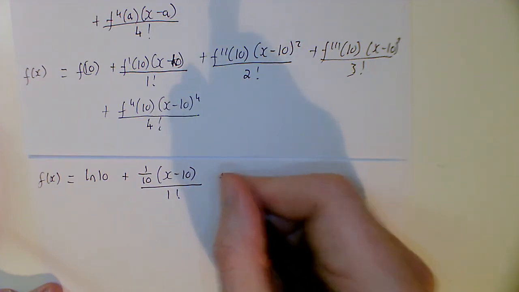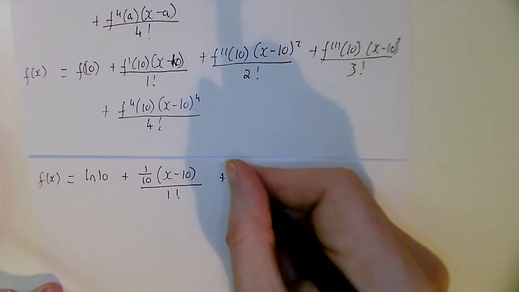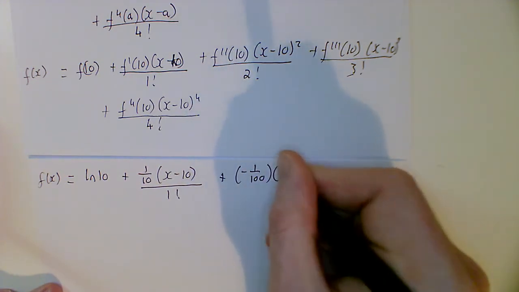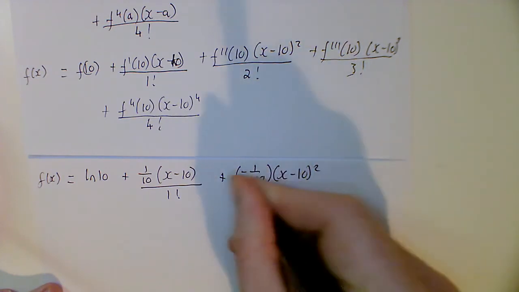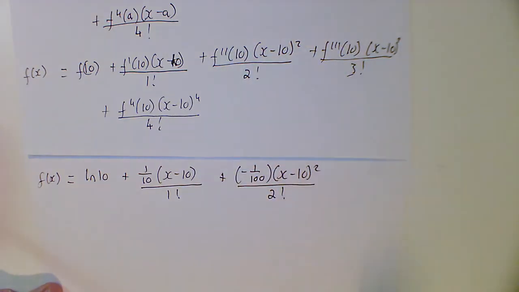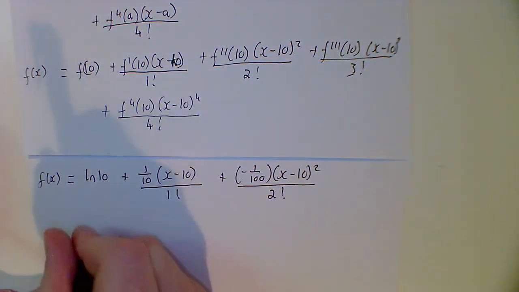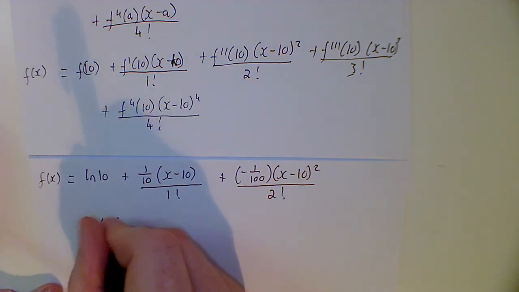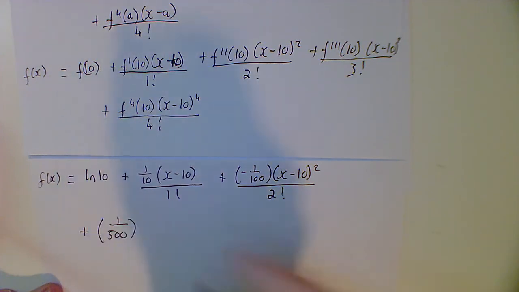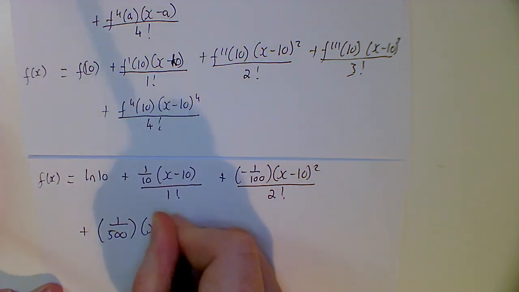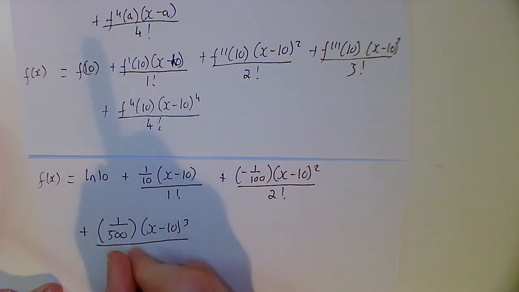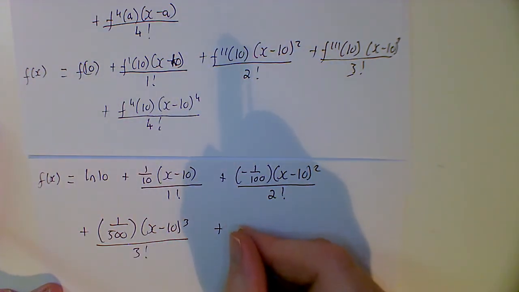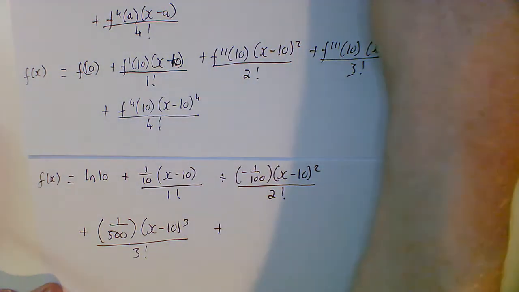Right, plus negative 1 over 100, x take away 10 squared over 2 factorial, plus 1 over 500, x take away 10 cubed over 3 factorial, plus, oops, sorry, that should be a negative up here.